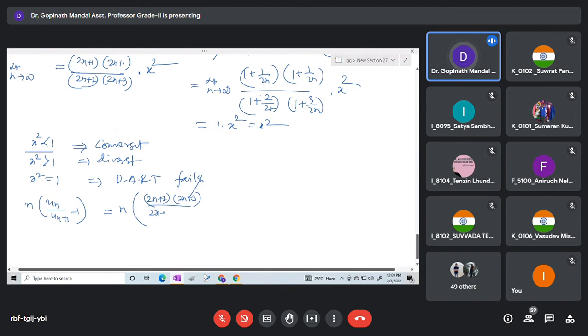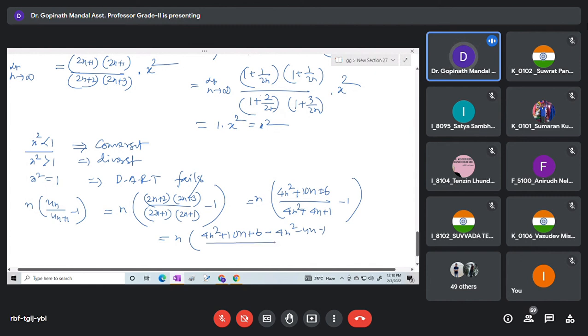So n into 4n square plus 10n plus 6 by 4n square plus 4n plus 1 minus 1. So the limit is n into 4n square plus 10n plus 6 minus 4n square minus 4n minus 1.